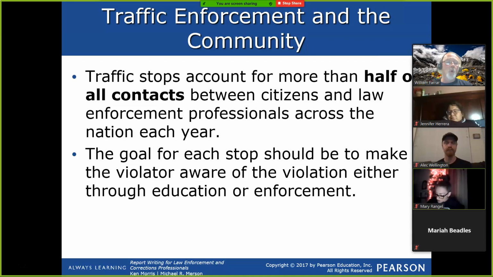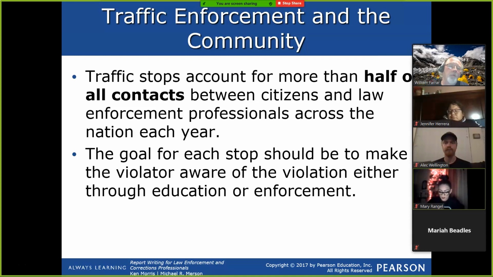That was my threshold. Because I'm not going to stop you for 3 miles over and say, hey, you were going 3 miles over. I mean, come on. There needs to be a bar somewhere in there. And you'll find that as you develop your own traffic expertise. But typically, 10 miles is a pretty decent sized chunk.